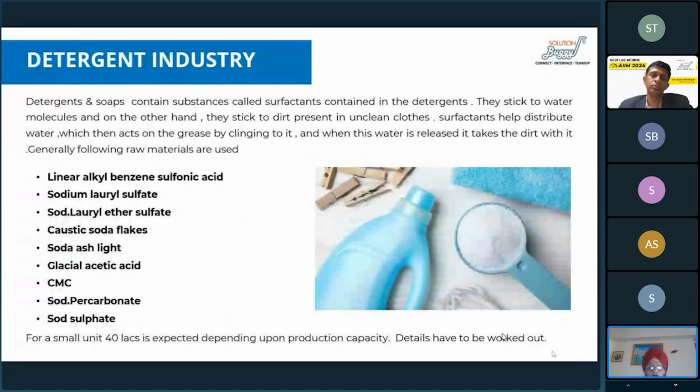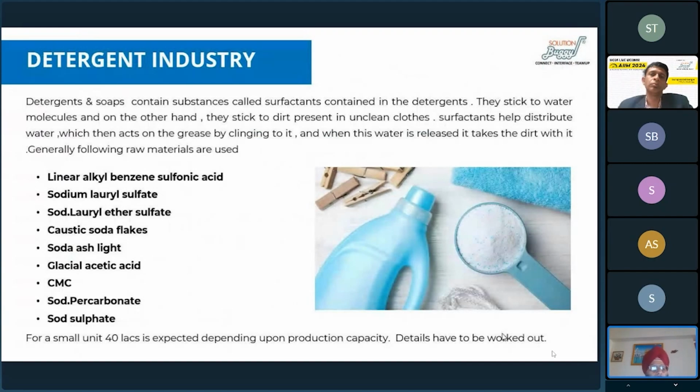Now coming to the detergent industry, detergents and soaps contain substances called surfactants. The surfactant molecules stick to dirt present in unclean clothes.